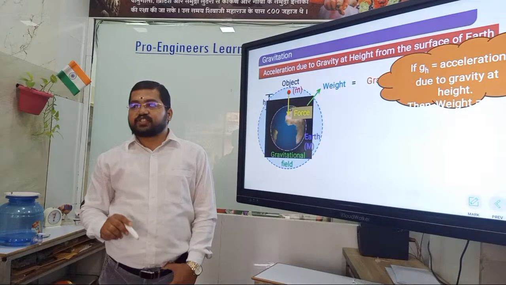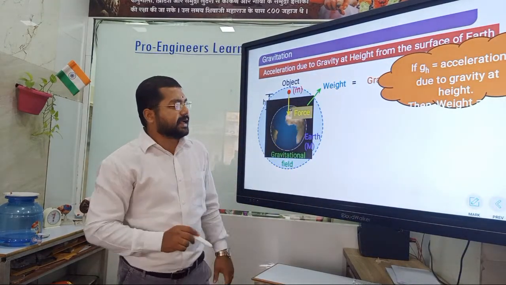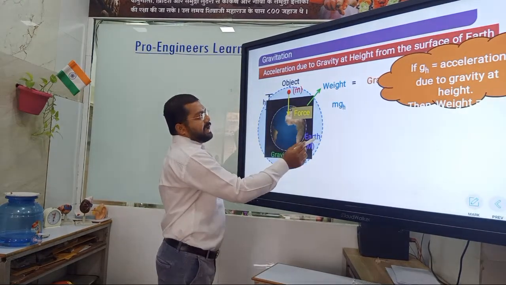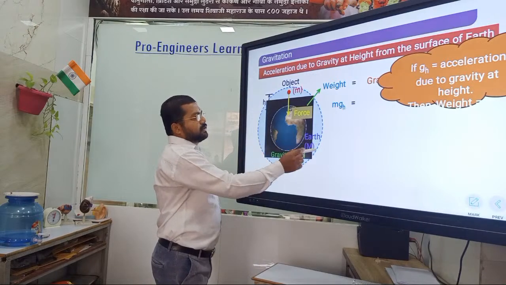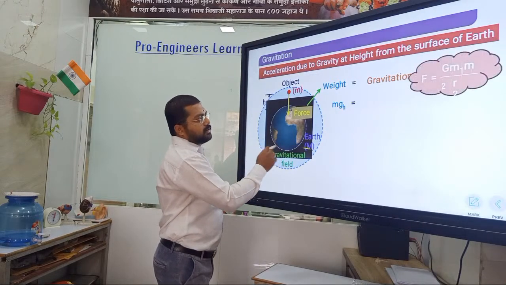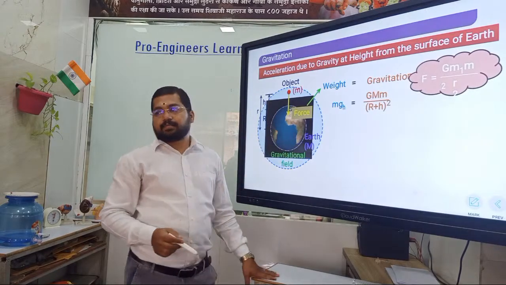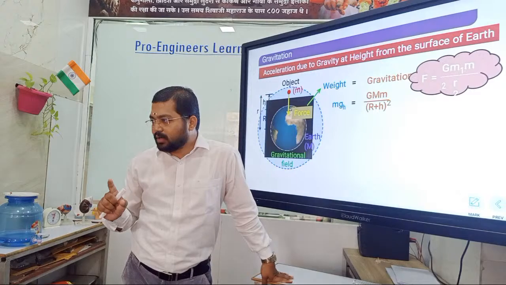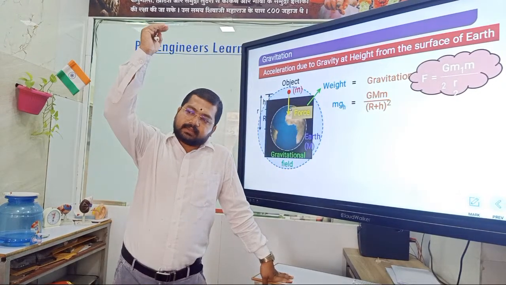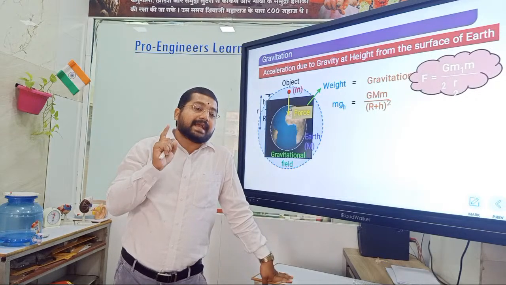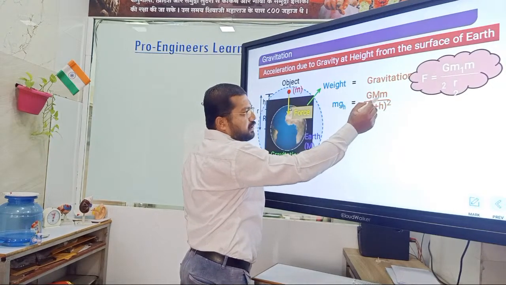So if g suffix h is the acceleration due to gravity at the height, then weight must be m g suffix h, and our formula, considering capital R plus h. Capital R is the radius of earth, and the object is at height h above earth, so we write R plus h the whole square.